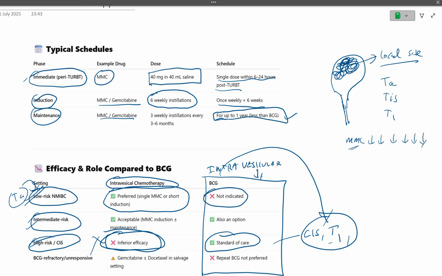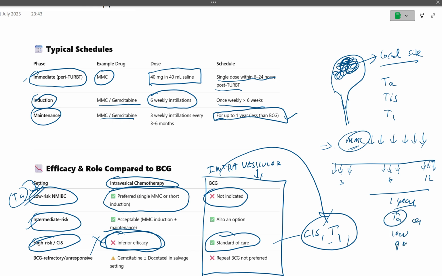This is the induction of mitomycin C, and then you will give maintenance every 3 to 6 months. You will give 3 weekly doses of mitomycin C for 1 year in Ta or low grade bladder cancer.